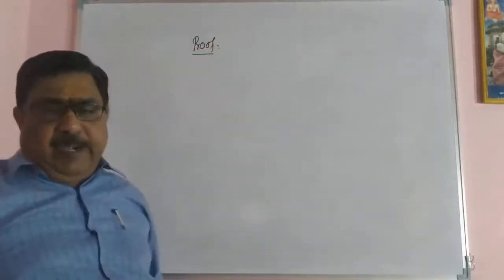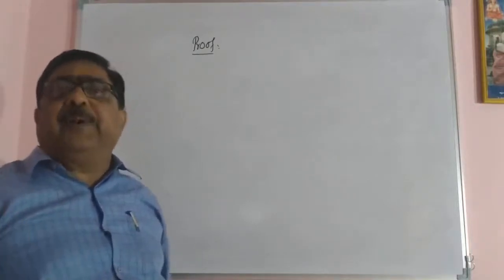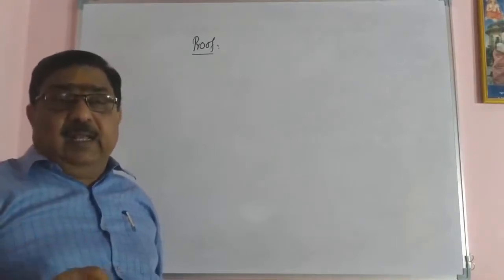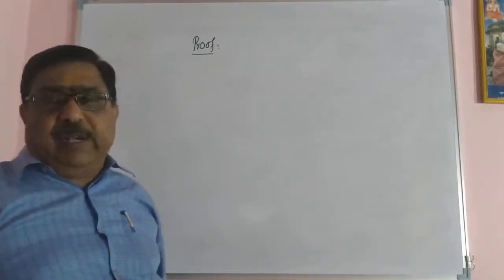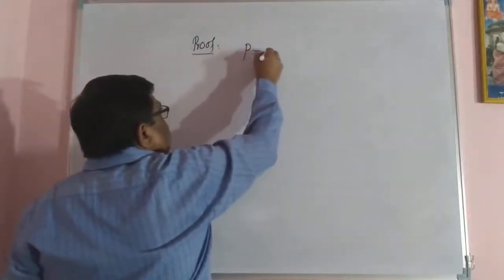Apse is a point where the radius vector is perpendicular to the velocity. In other words, the perpendicular distance p is equal to r.